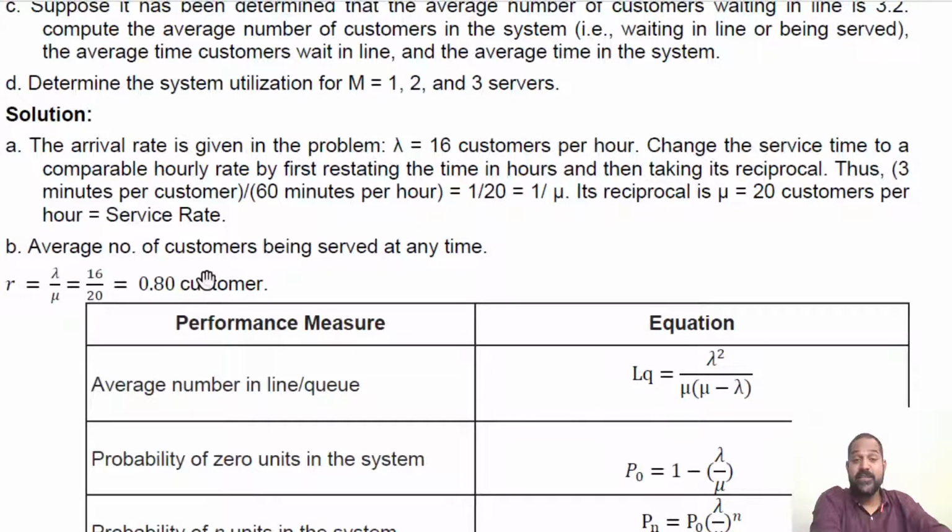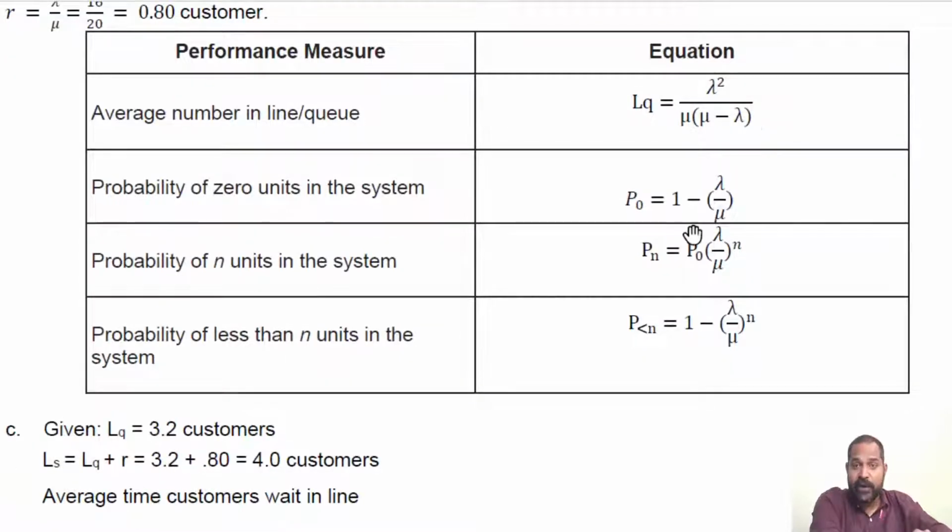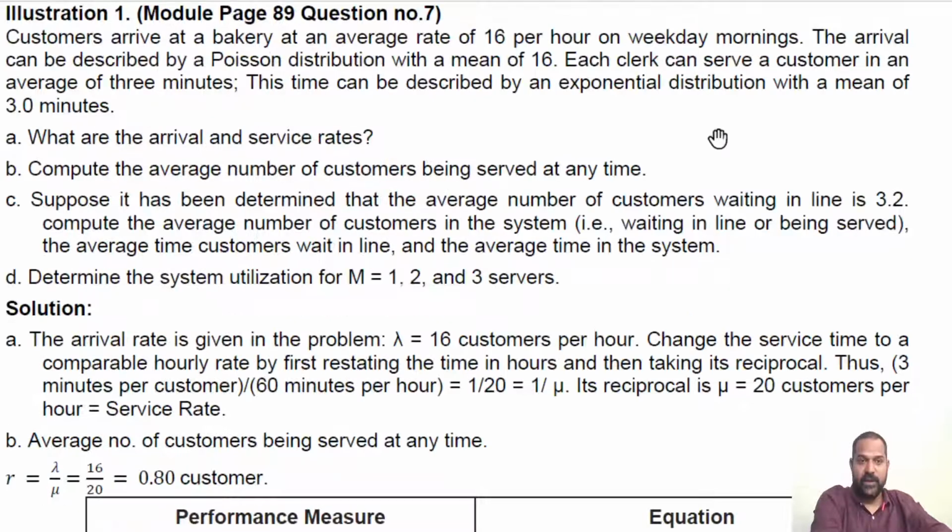They've written it as R because they didn't want to type rho, which is 0.80. Now all their formulas are in terms of lambda and mu. Don't remember it that way, you'll go crazy. Remember the formulas like I have given you.